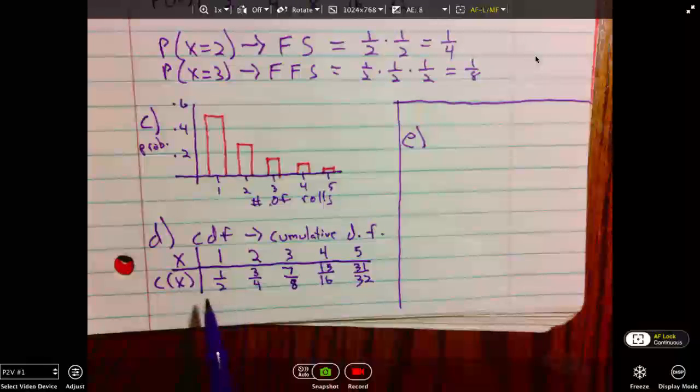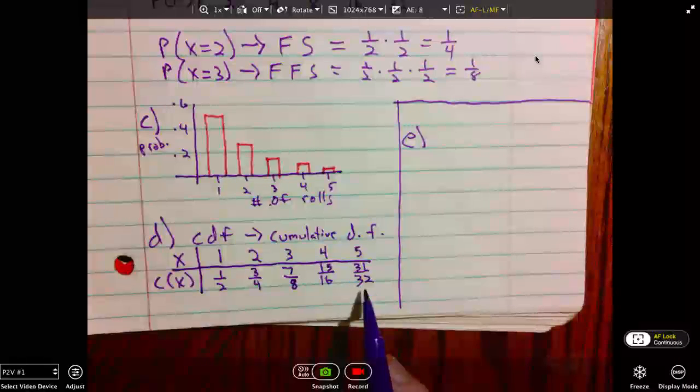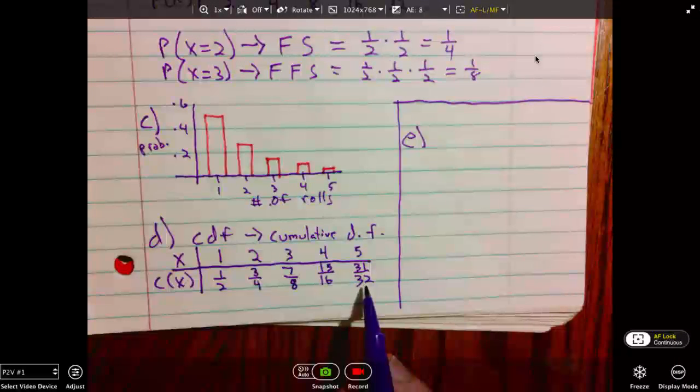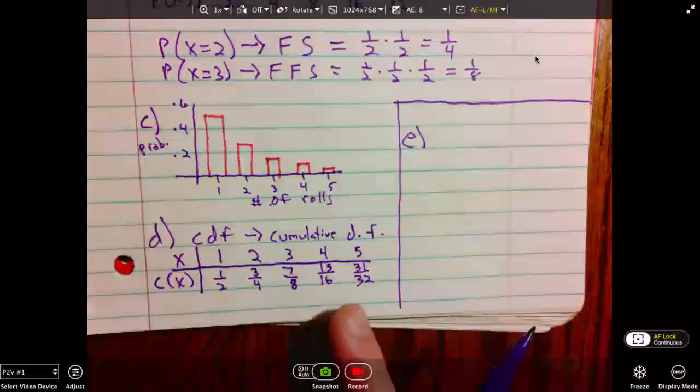What they're saying is we want to show that this will sum to 1 as we go to infinity. We could conceivably roll forever and never roll a prime. The sum of this series will indeed sum to 1.